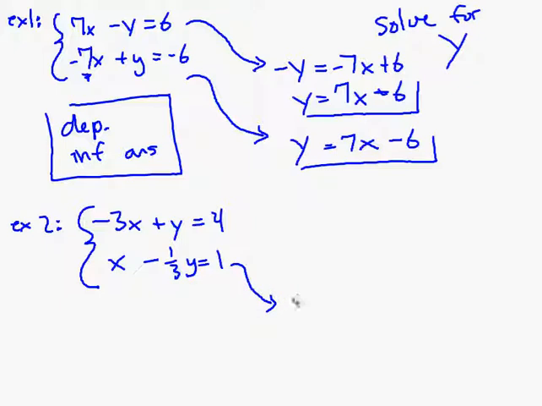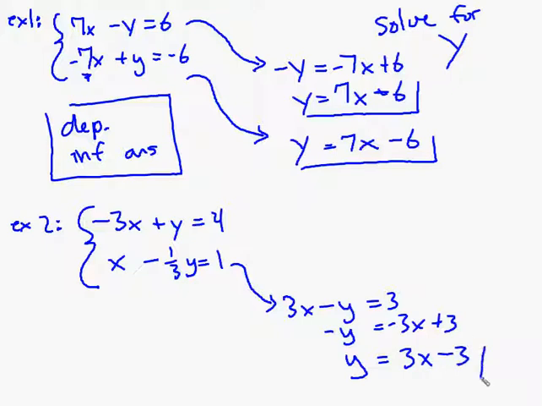So I'll multiply both sides by what? So I get 3x minus y equals 3. Now what? Subtract the 3x. And then? Multiply by negative 1.